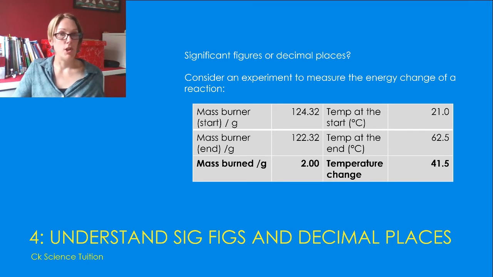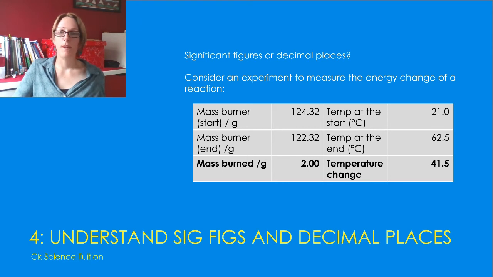I wouldn't just write 2, because that means I don't know, it's somewhere between 1.5 grams and 2.5 grams, which is a very, very broad range of readings. So in this case, decimal places make sense.